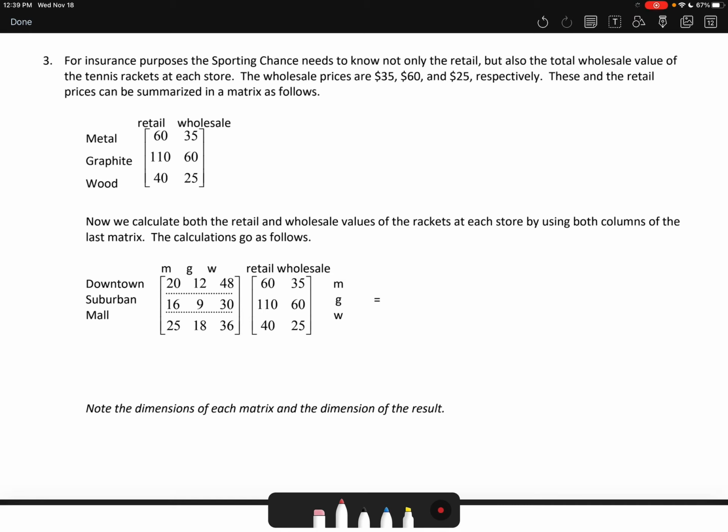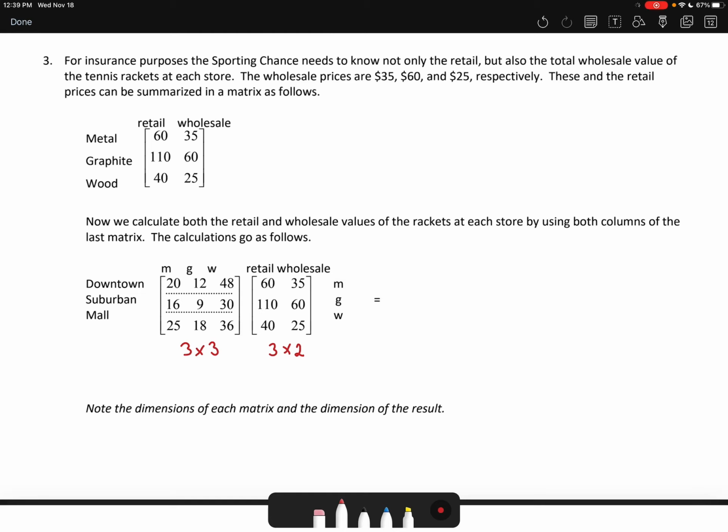So the first column now are all of the retail prices that we've been using. And the second column are all these new wholesale prices. So our second matrix now is a 3 by 2. The original matrix over here is still a 3 by 3.